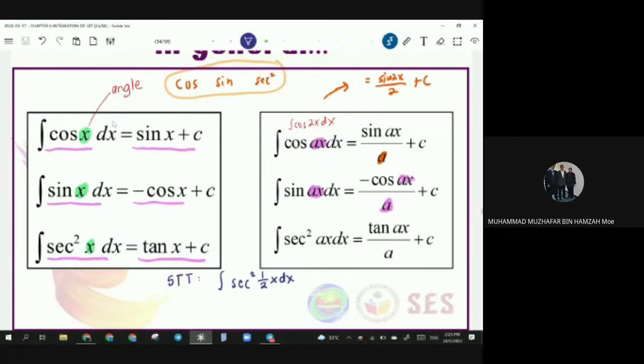Okay, so we got the first answer from Farisha Diana from Sarawak: tangent half x plus c. Okay, I'm waiting for the other responses. For those who have got the answer, please write your answer in the chat.